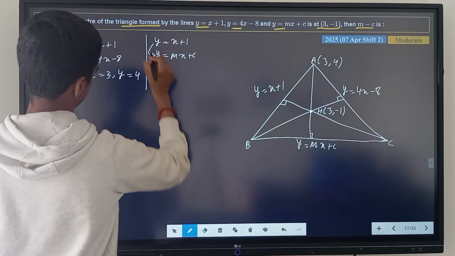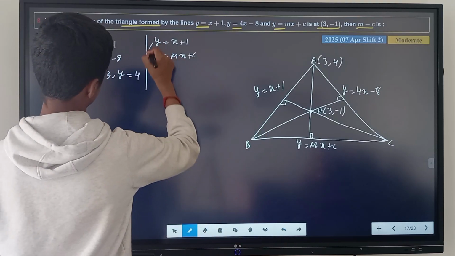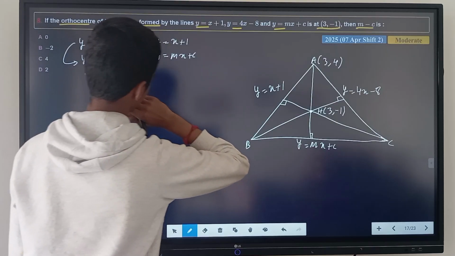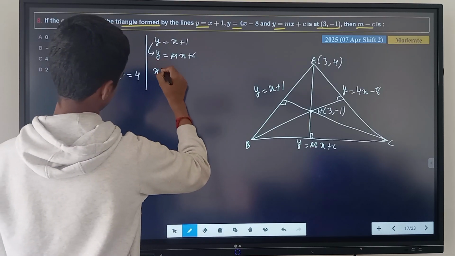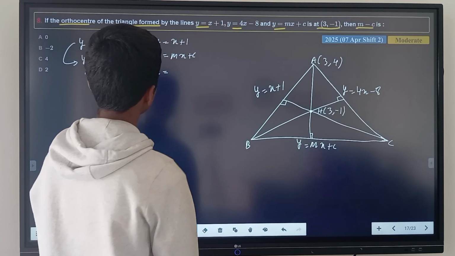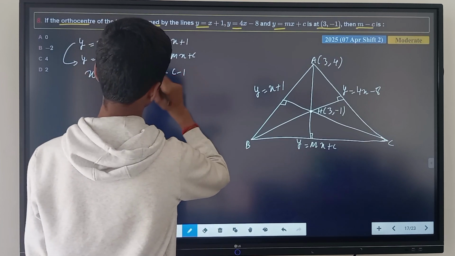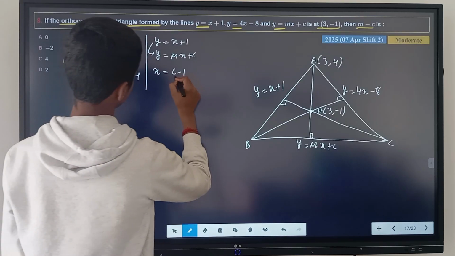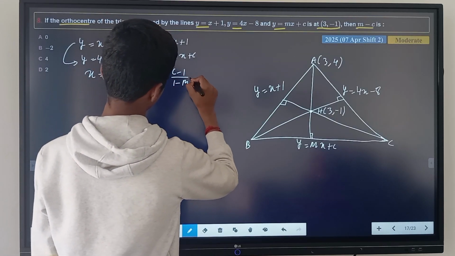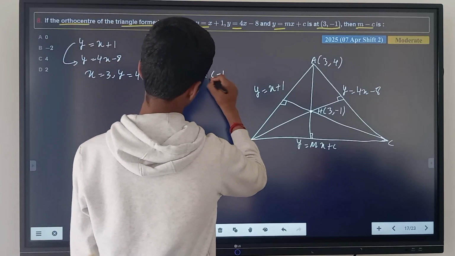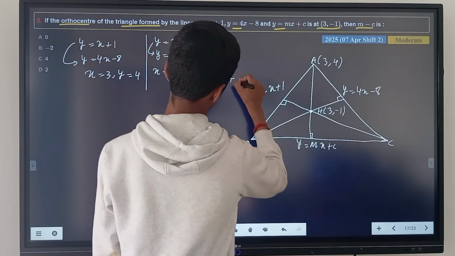Putting these together, we will get x is equal to c minus 1 upon 1 minus m, and y is equal to c minus 1 upon 1 minus m plus 1.